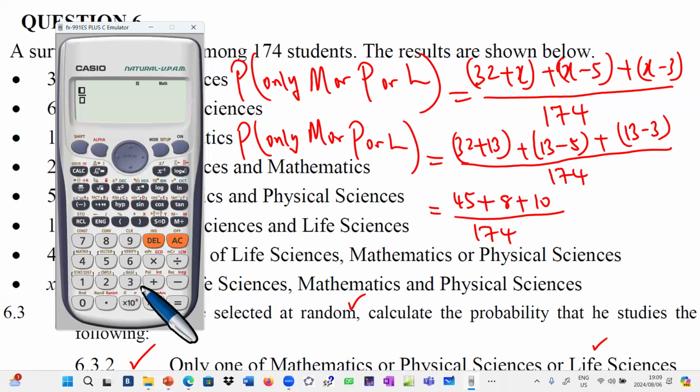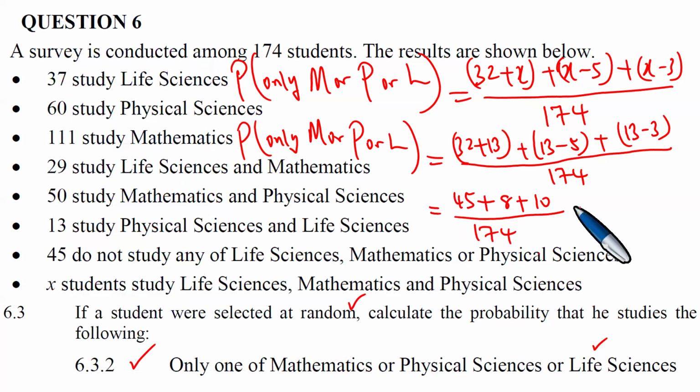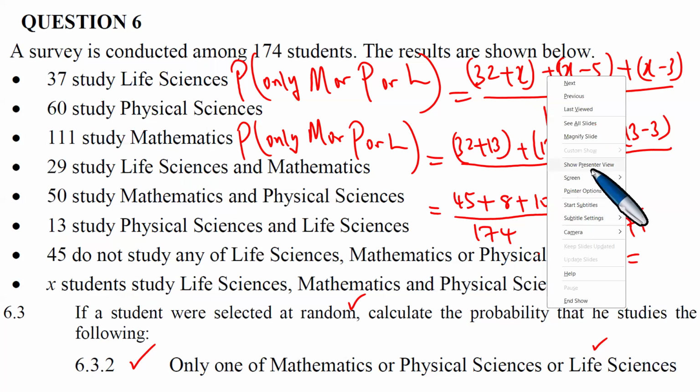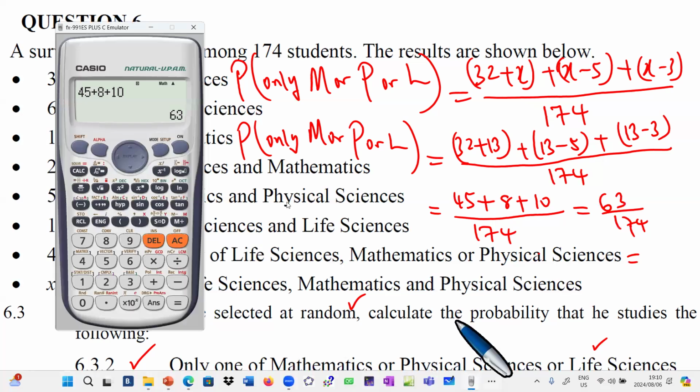We're going to do the top. You can do 45 plus 8 plus 10 quickly, which gives 63. So you have 63 over 174. What is the answer? 63 out of 174.